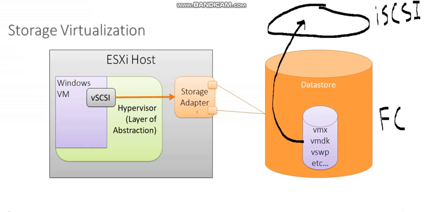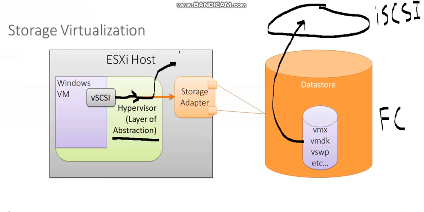And the reason I can do that is because of my hypervisor layer here. So as the SCSI commands come out of my virtual machine, they are received by the hypervisor. It's going to then take those storage commands and do whatever it needs to do with them, right?